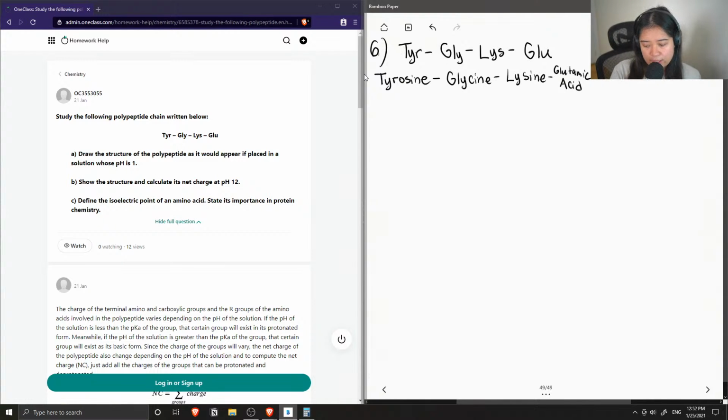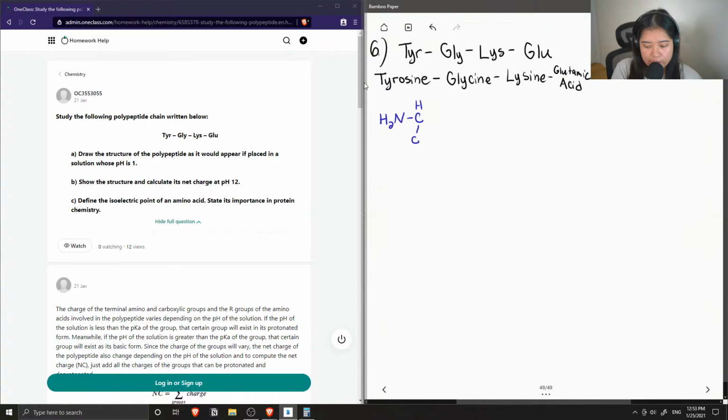Okay, so now that I have defined what each of these are, I'm first going to draw out all of the different amino acids bonded together. And then I'm just going to label what all of their pKa values are, or I try to answer the question. So every amino acid has an amine group. And what makes each of these amino acids unique is that they have a different R group.